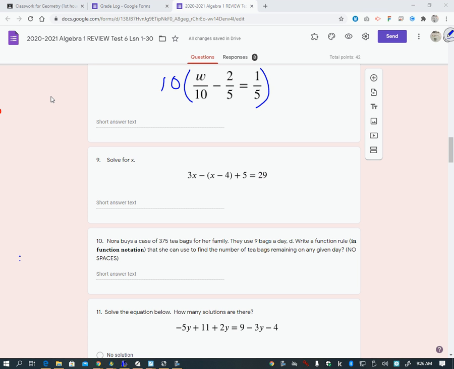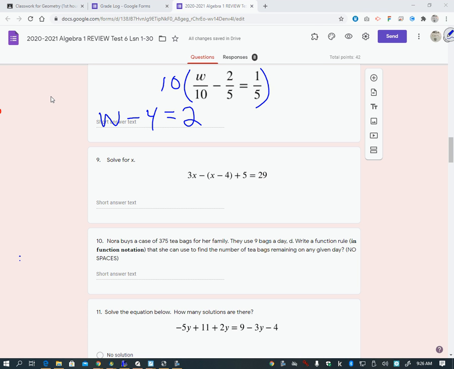That would give me 10w divided by 10. What's 10 divided by 10? 1. So that would just be w, right? What's 10 times negative 2? Negative 20. What's negative 20 divided by 5? Negative 4. What's 10 times 1? 10. What's 10 divided by 5? 2. Do we understand how to do that?